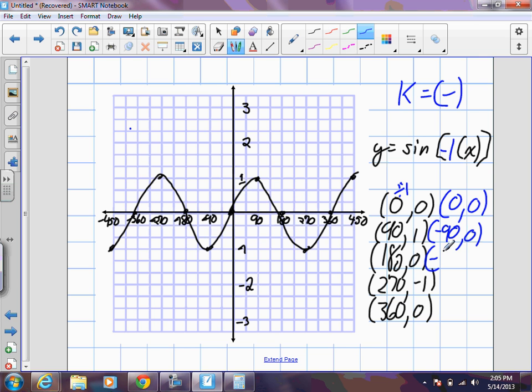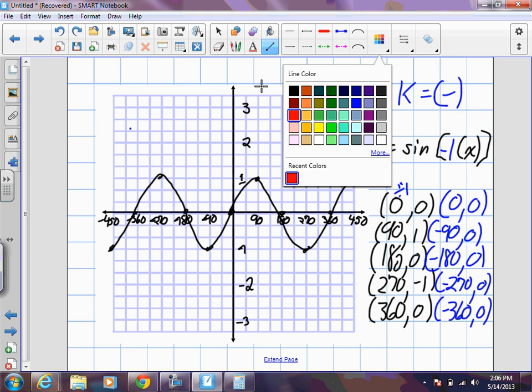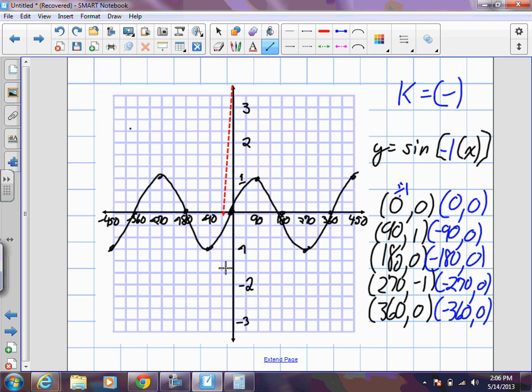Okay, so all this is doing is it's the same as flipping the graph on the y-axis. Before we flipped it on the x-axis, this gives us the same idea as flipping this graph on the y-axis, which is here. So all of our points go to the other side.